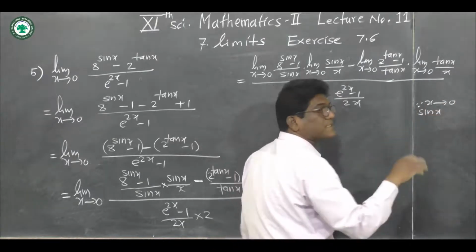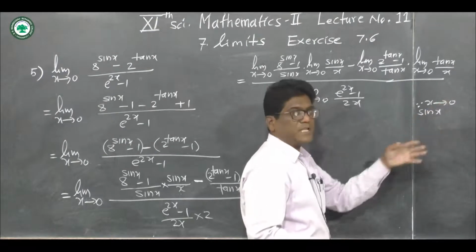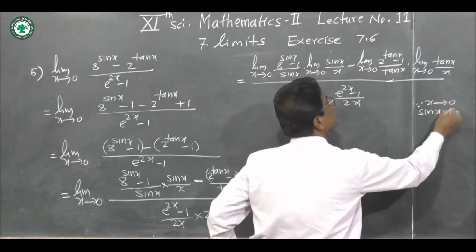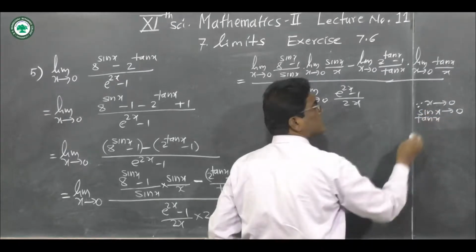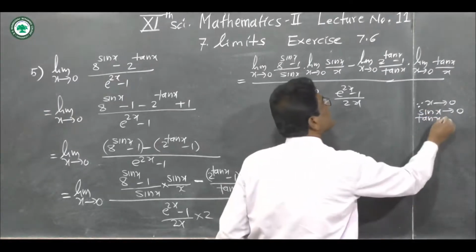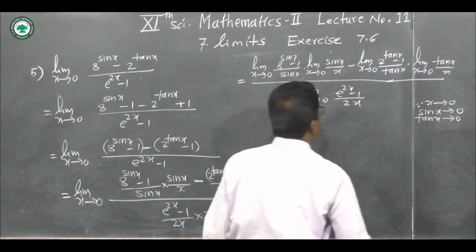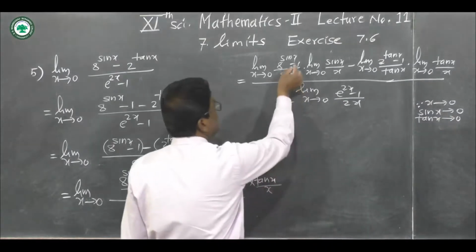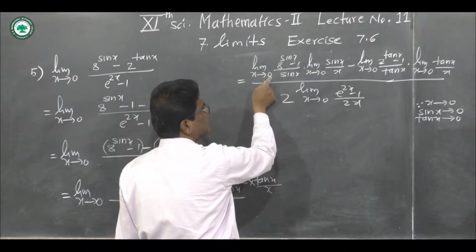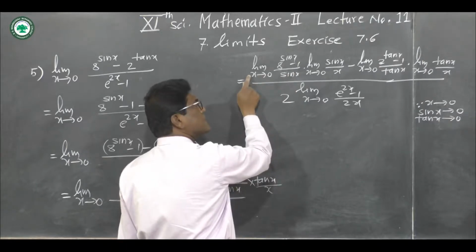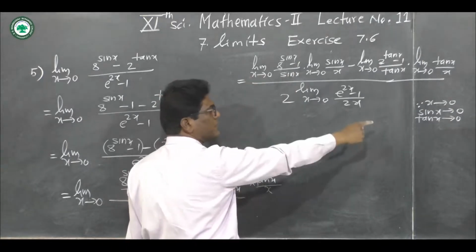Sin of 0 is 0, so sin x tends to 0. Also tan x, put x at 0, tan of 0 is 0, so tan x tends to 0. Means here the power sin x divided by sin x, since x tends to 0, obviously sin x tends to 0. We have written the reason here.